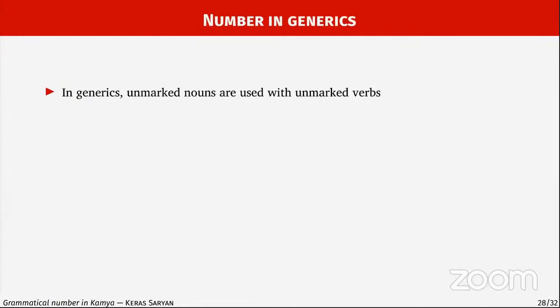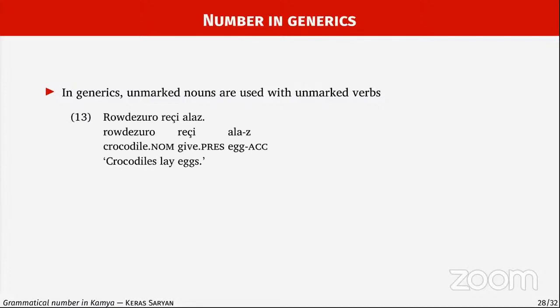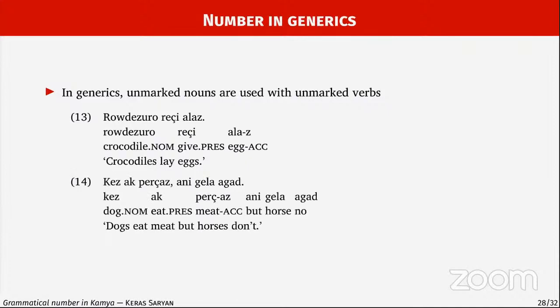Then finally, there are cases where you can find unmarked or unmodified nouns, count nouns for the most part, where you also have no marking on the verb. So, for example, in generic sentences like "rodezuru rechi alas," crocodiles lay eggs, or this one, "kez ak perchas anigela agad," dogs eat meat but horses don't.